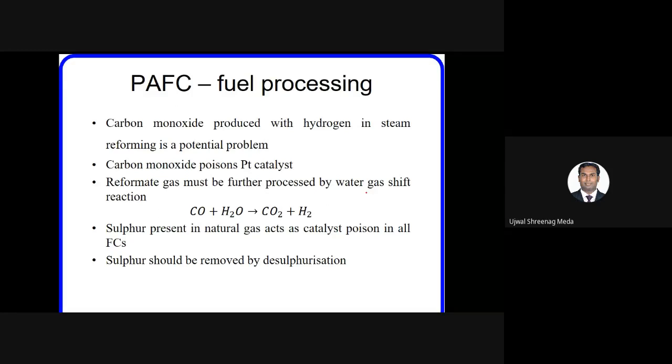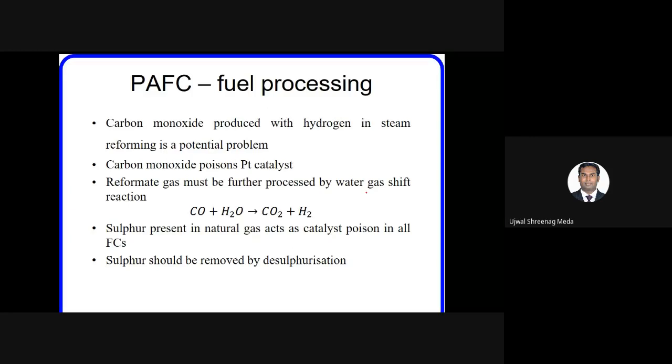Reformate gas must be further processed by water gas shift reaction. And as part of the steam reforming process itself, the carbon monoxide that is formed in reaction 1 will react with water, forming carbon dioxide and hydrogen. So as long as it is carbon dioxide, we have no issues, but it should not remain as carbon monoxide.